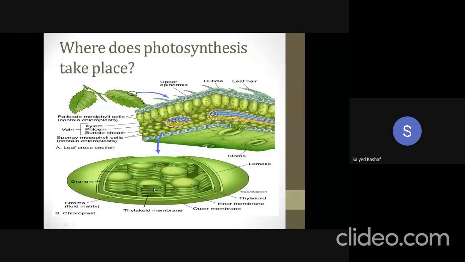This thylakoid is the exact region where the light reactions take place, right? One granum is connected with another granum by small lamella-like structures known as stromal lamellae, and the empty space is filled with a jelly-like matrix known as stroma.